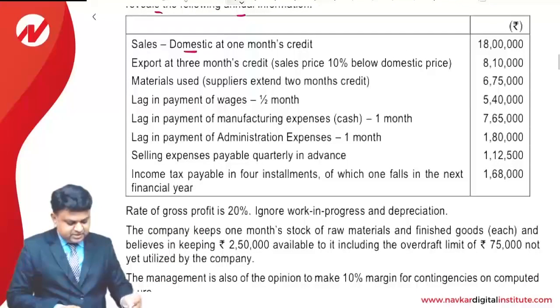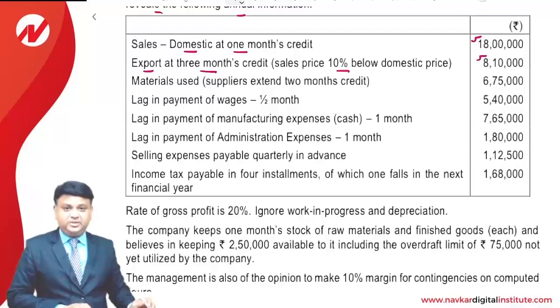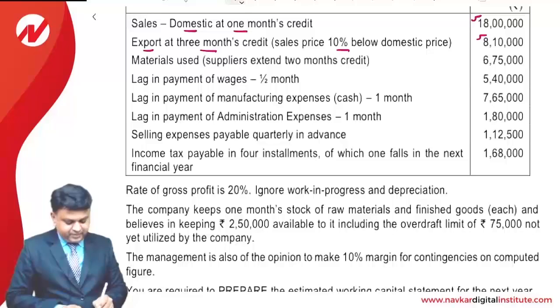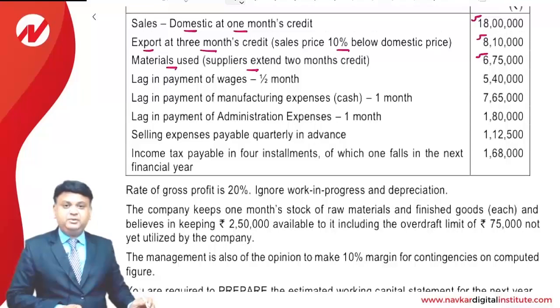Domestic sales are 18 lakhs with 1 month credit. Export sales 8,10,000 at 3 months credit, and the sales price is 10% below the domestic price. Material consumption is 6,75,000 and the average payment period is 2 months.